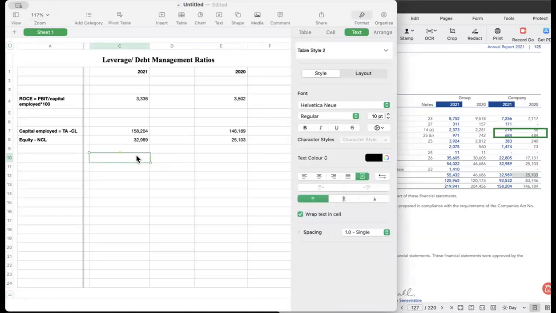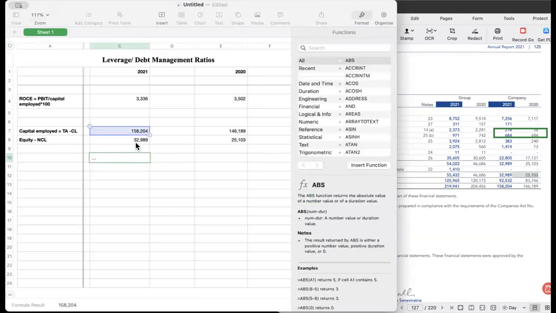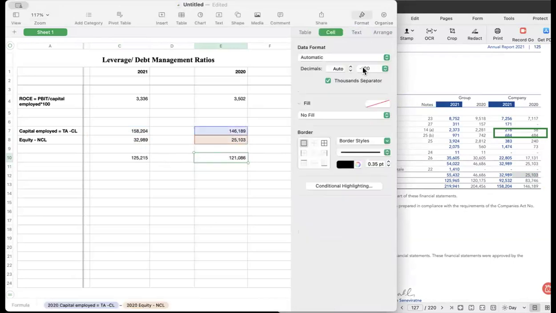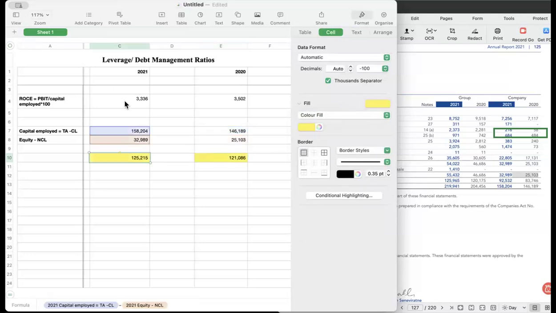Right. So first thing is I have to get the capital employed, which is this minus this minus this. So I have my information. Let me highlight it, so you know what calculation to take into consideration.